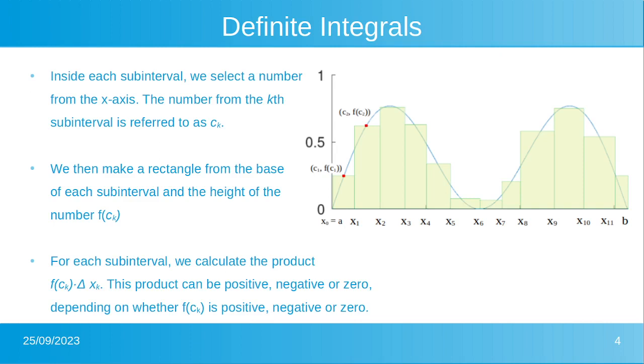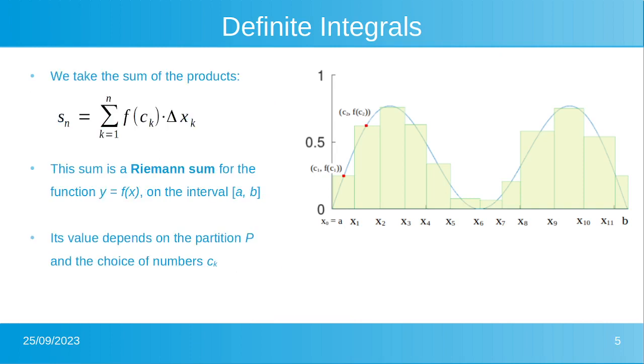So for each subinterval, we calculate the product of f of ck multiplied by delta xk. And this product can be positive, negative, or zero, depending on whether f of ck is positive, negative, or zero. And then we take the sum of the products.